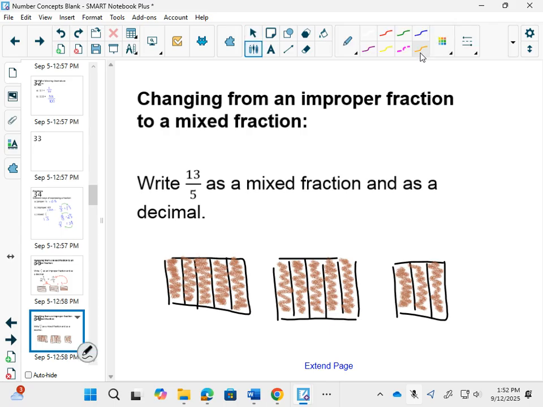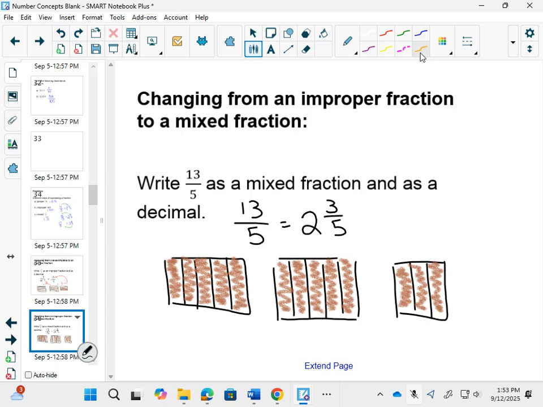I see now that 13 over 5 is going to be 2 3/5 from the picture. Mathematically, now that I know how the pictures work, when I have 13/5, I ask how many 5s can I put together and still stay under 13? I can do 2. I can't do 3 because 3 5s is 15. I don't have enough to make 3 full chocolate bars.